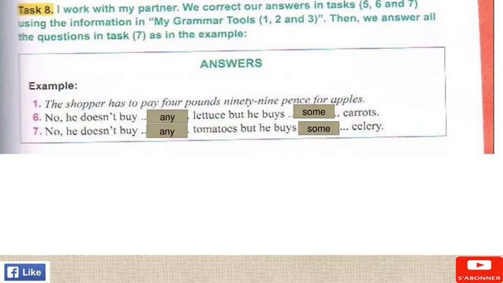So, no, it is a negative sentence. He doesn't buy any lettuce, but he buys, affirmative sentence, some carrots. No, it is a negative sentence. He doesn't buy any tomatoes, but he buys, it is an affirmative form, some celery.